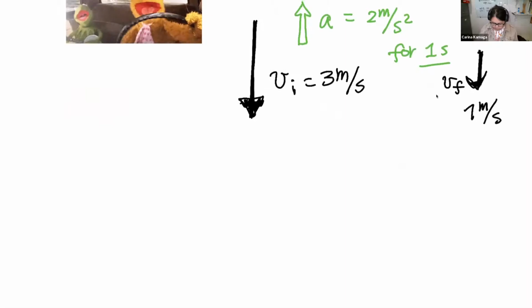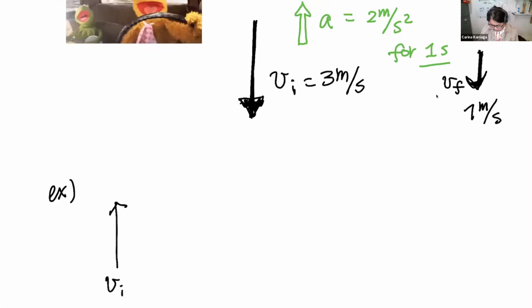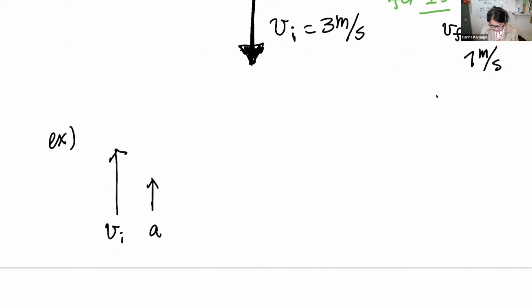So I hope you see that example. If you have an initial velocity and an acceleration in the same direction, is the speed going to speed up, slow down, or stay constant?